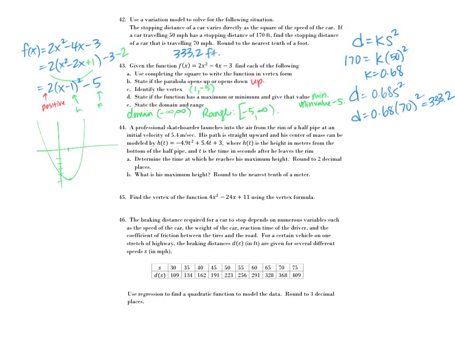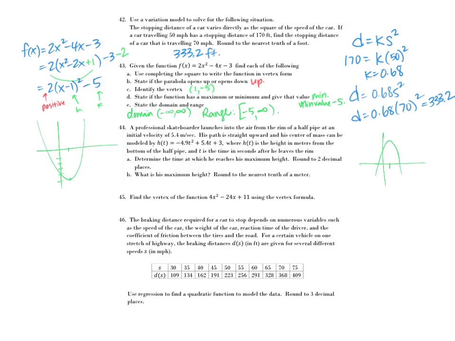Okay, and so I want to find the time at which he reaches his maximum height. So I'll just calculate that maximum. And it looks to me like the graph looks something like this.